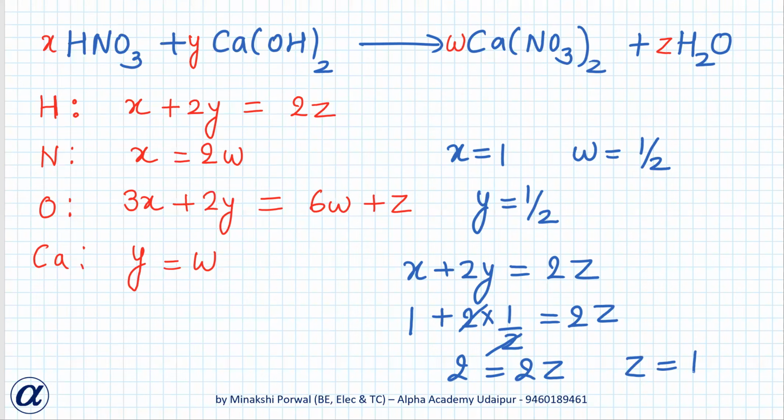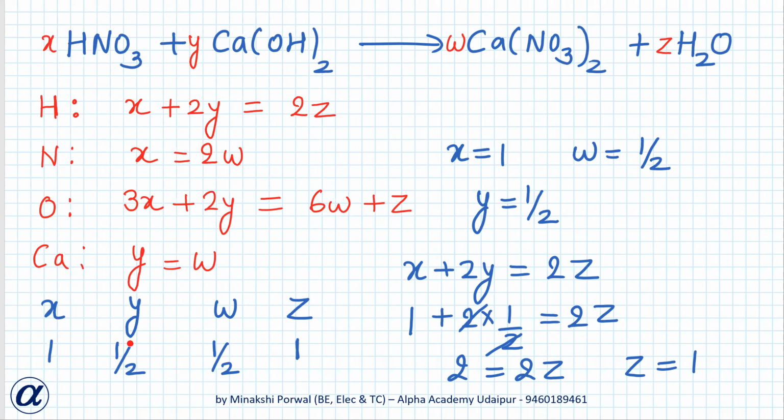Okay, so x, y, w and z, these were the unknown variables. I got x as 1, y as 1 by 2, w as 1 by 2 and z as 1. Now we should multiply a common number in all of them so that we can get rid of this fraction.